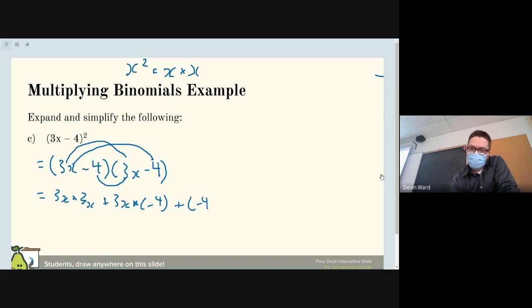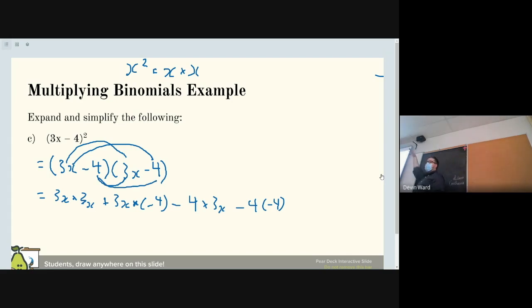Actually, let's go negative right away. -4 times 3x. -4 times -4 for your last one. Okay? So even if you don't remember the exact order, if you go FOIL, there's 4 letters in FOIL. So you should multiply 4 different things together.